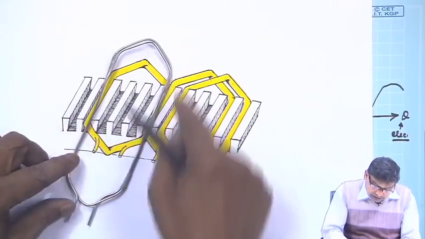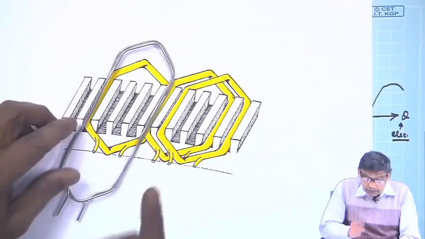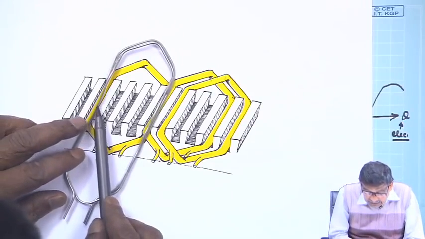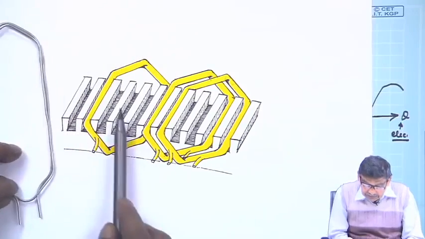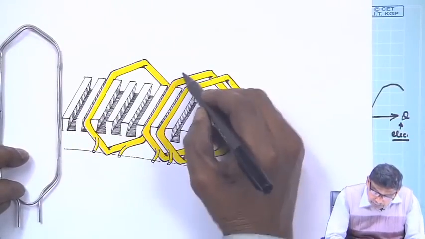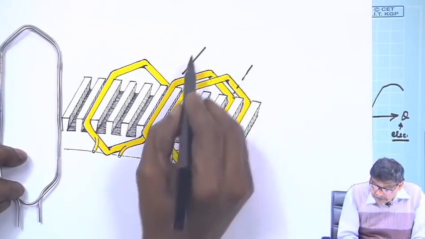So, it is a two turn coil with two terminals available, but the only thing you have to see is this distance, this to this distance, that is called the coil span. This is the coil span.